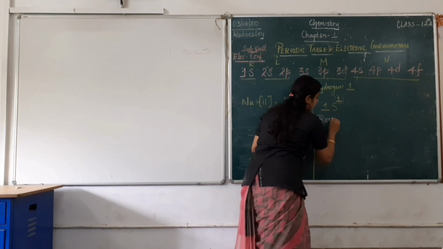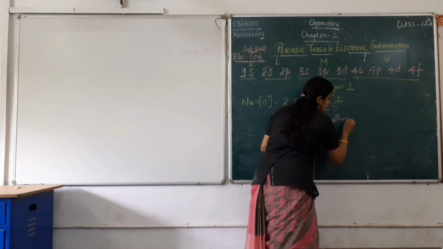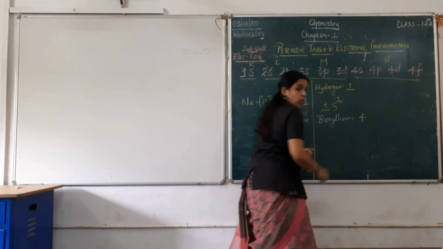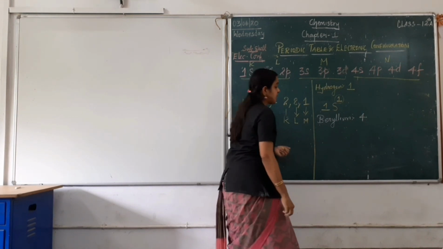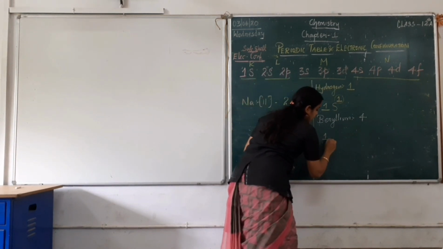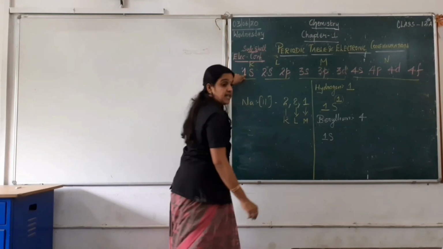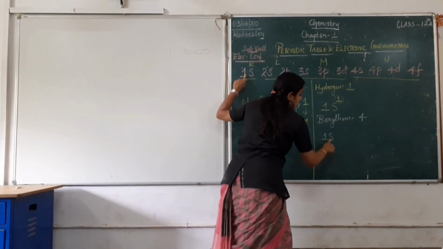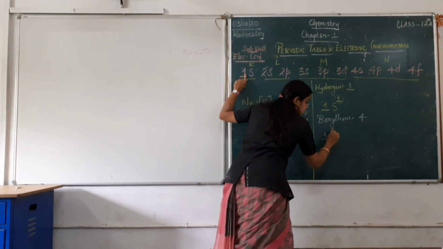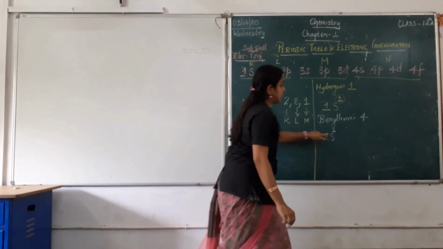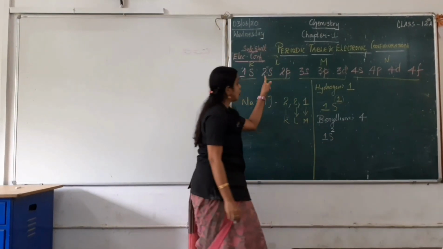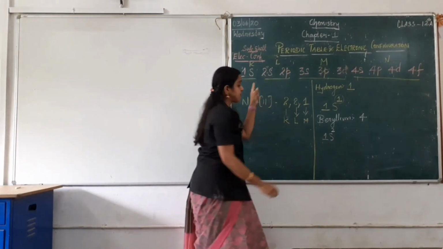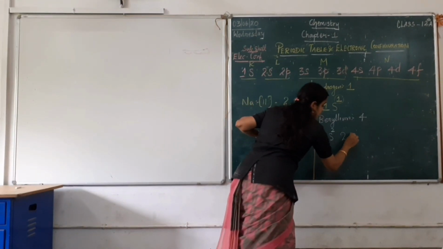If I take beryllium, beryllium's atomic number is 4. So how do I write? We have to write as 1s. This is my 1s. So 1s. I know S can take only maximum 2 electrons. So I put 2 here. Now I should go to my second subshell, which is 2s.